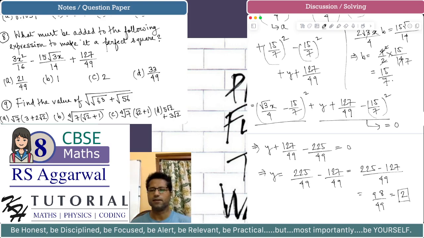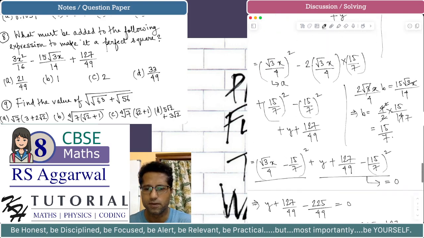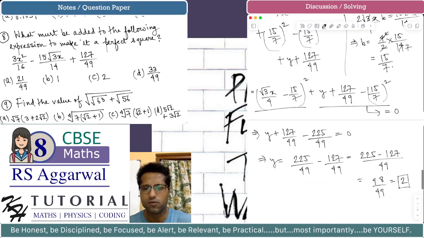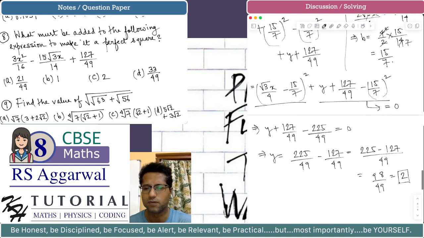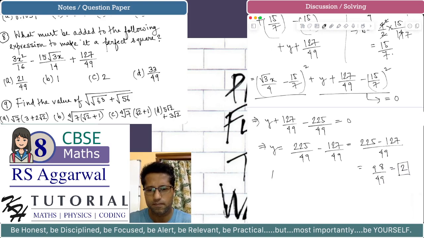So 2 must be added to make the given expression a perfect square, which will be in the form of a minus b whole square, that is root 3x by 4 minus 15 by 7 whole square. So the correct choice is C. C is the correct choice.